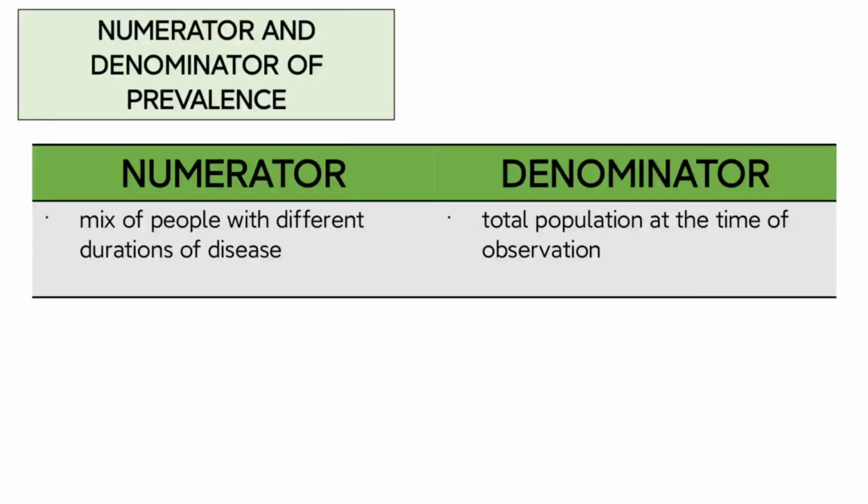Ano yung numerator natin, denominator for your prevalence? So, numerator is the mix of people with different durations of the disease. Okay? So, basically, yung total number ng cases na yun, ano yung specific specified time, single point in time. And then your denominator would be your total population at the time of your observation.